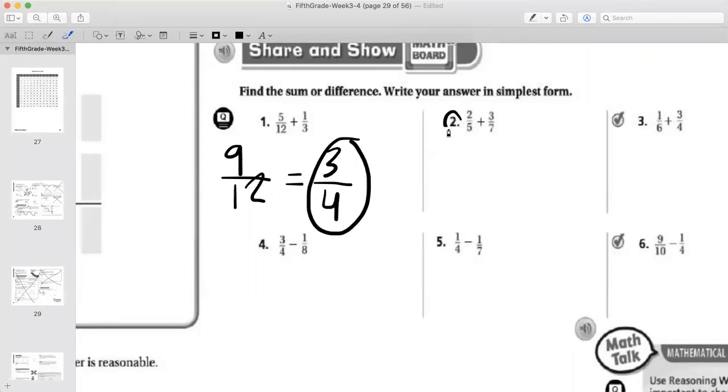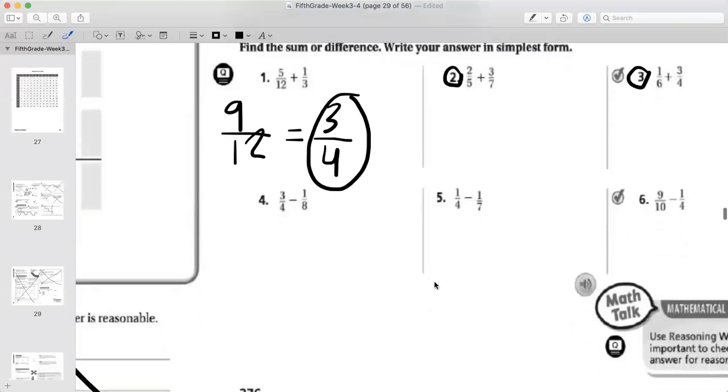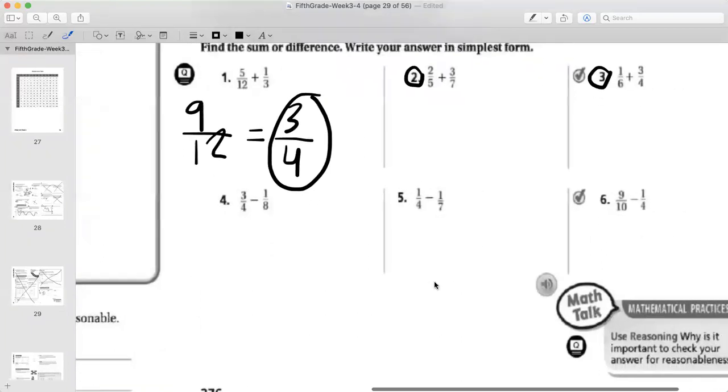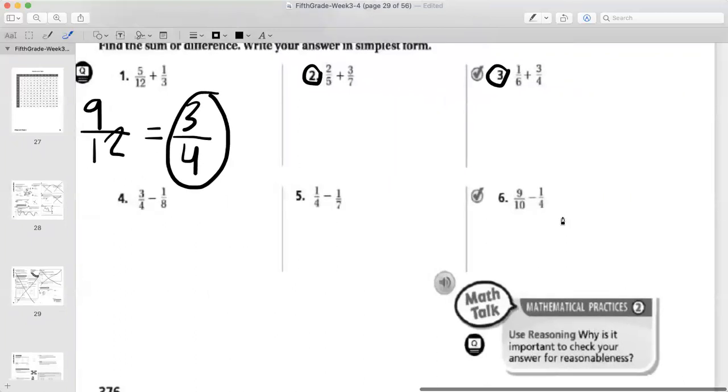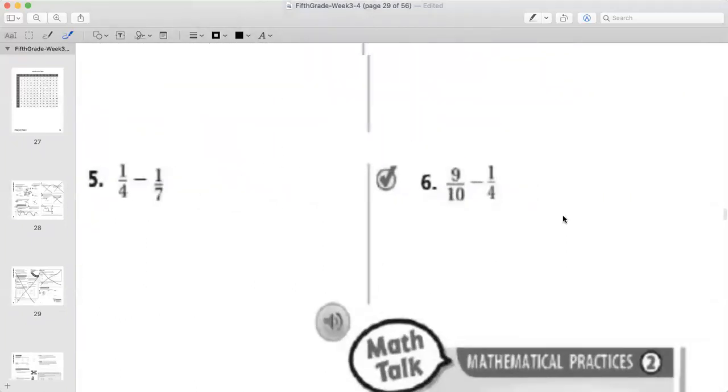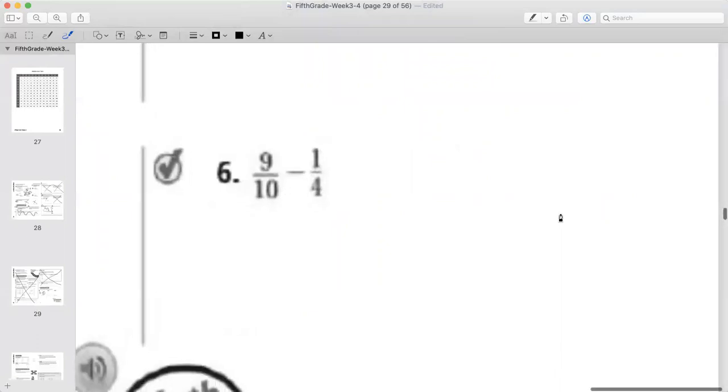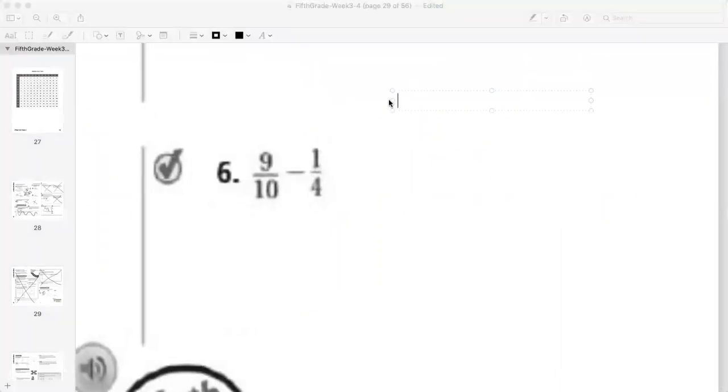You are going to do 2, and you're going to do number 3 by yourselves. And then I'll do number 6 with you. So let me zoom in on this guy. And then I'm going to do my multiples like this. So we have 10, and we have 4.